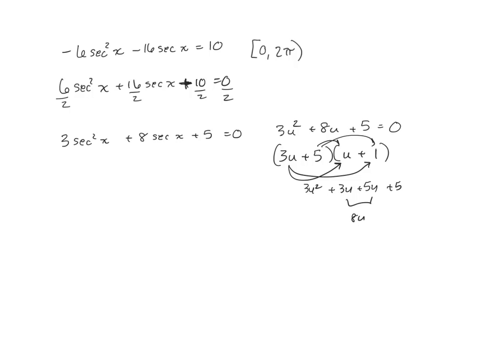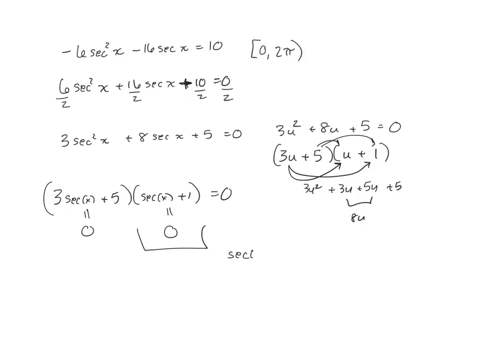Let's put it back in terms of secant. Thus, I get 3 secant x plus 5 times secant x plus 1 equals 0. And remember, when we solve these, either this one equals 0 or that one equals 0. Let's do this one first.